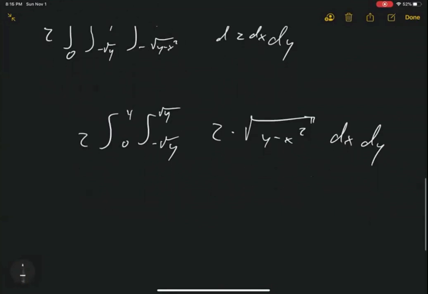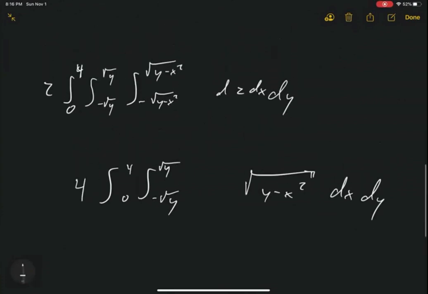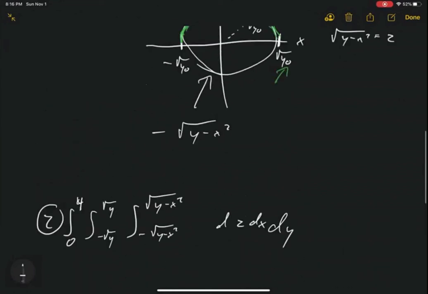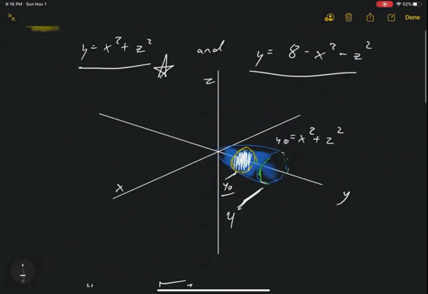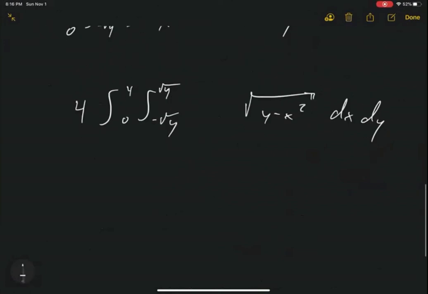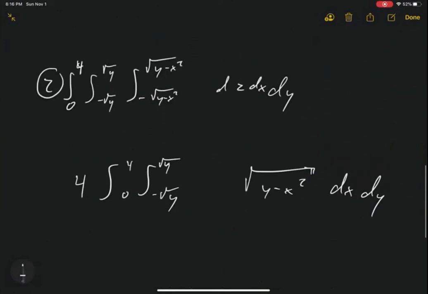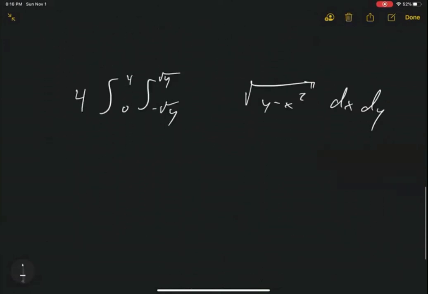Fairly easy first step. Let's bring this 2 outside with this other 2 to become 4. Remember, this 2 is coming from the fact that we're finding the area of this blue region and then multiplying by 2 to get the volume of the blue region, multiplying by 2 to get the volume of our total region. So those two 2's combine to give us the number 4 outside.